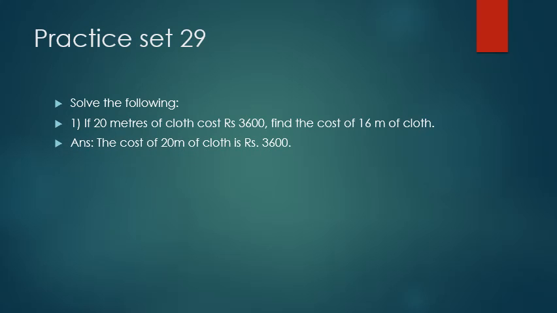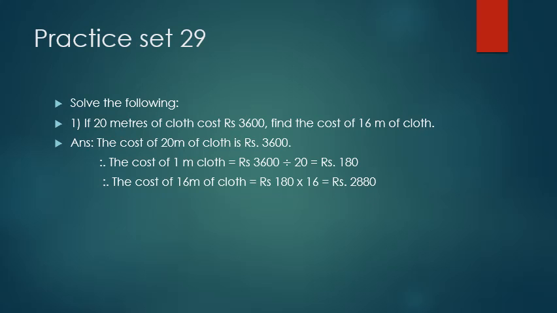The cost of 20 meters of cloth is 3600. Now you need to find the cost of 1 meter of cloth, so divide by 20. 3600 divided by 20 is rupees 180.